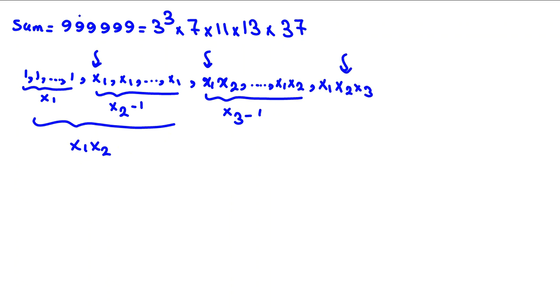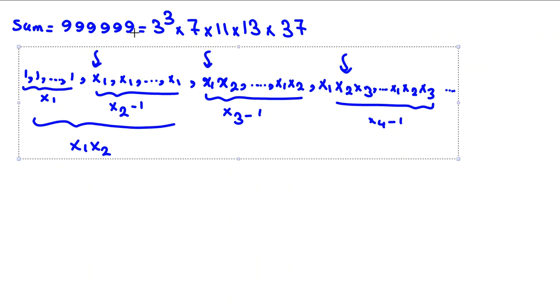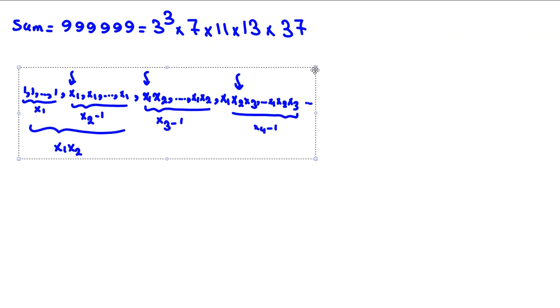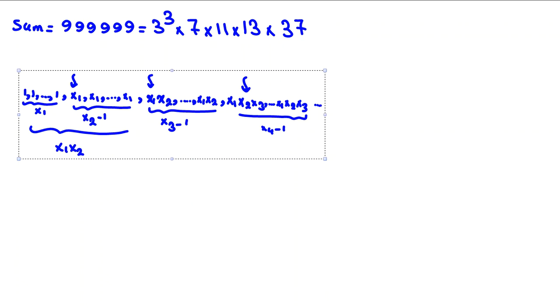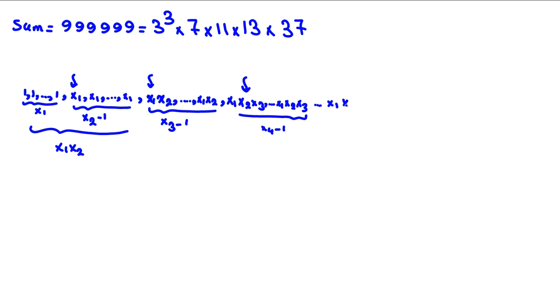Here we consider the sum. Similarly, we continue, x3 and here x4 minus 1, up to the end. Suppose we have, for example, x1, x2 to xk, some number of x1, x2 to xk.